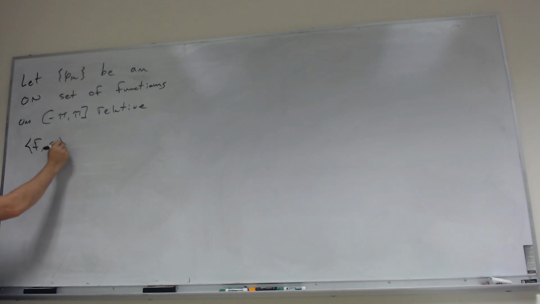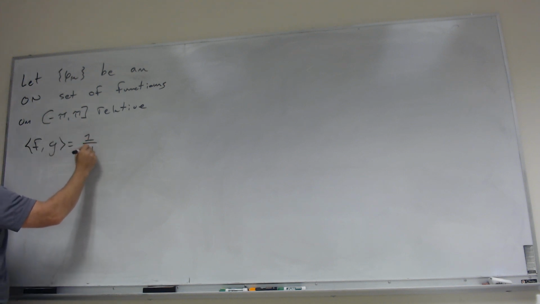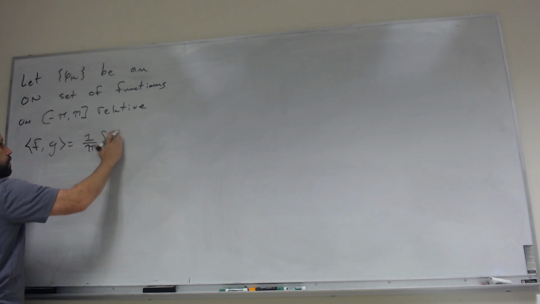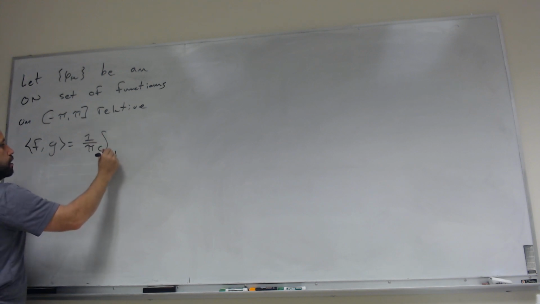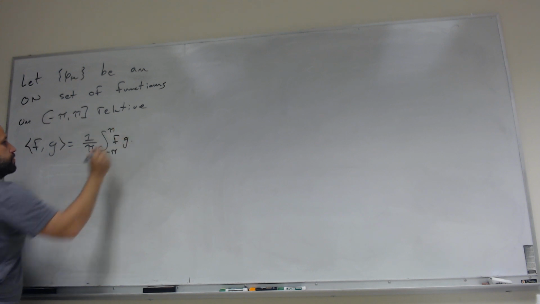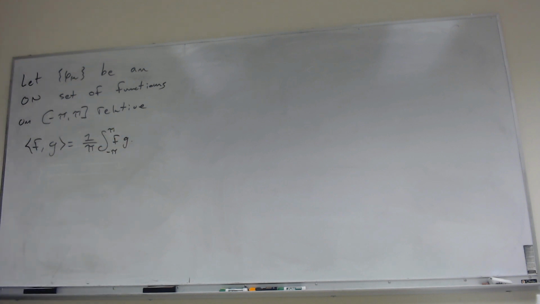The inner product of f and g is 1 over pi times the integral from minus pi to pi of f times g. For us, the functions that we're going to have in mind are going to be cosine kx and sine kx. They're orthonormal with respect to this, and remember what orthonormal means.